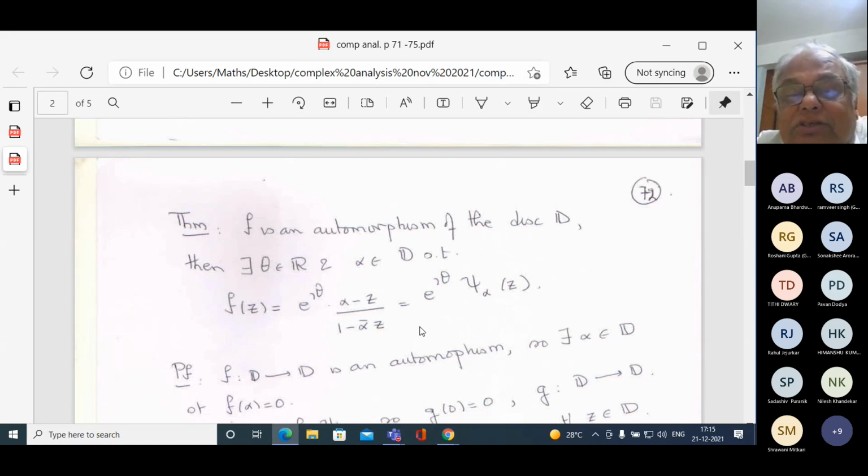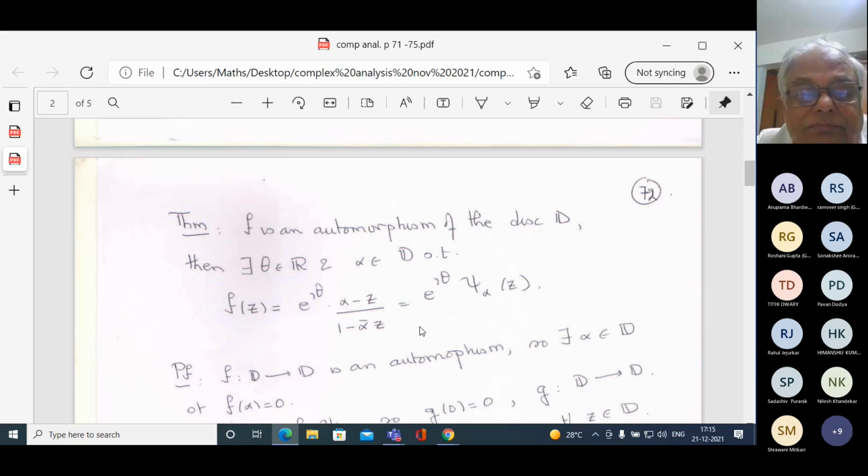Therefore, the composition of these two things is an automorphism of the disk. And what we're doing here is the converse, that every automorphism of the disk is of the kind psi alpha together with some rotation.